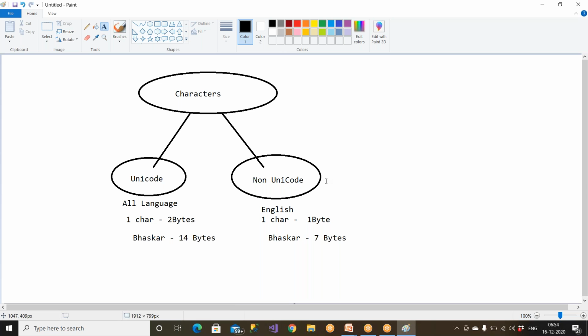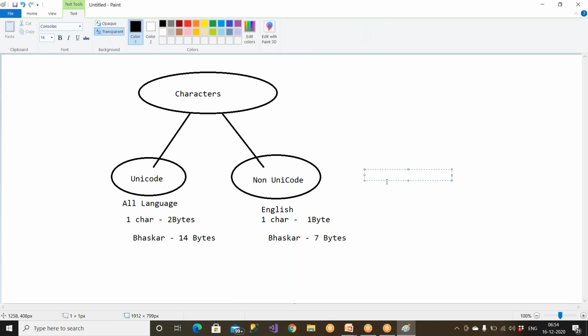So in the non-Unicode sector, SQL Server has a few data types. What are the data types? One is called char. The second one is called varchar. For char, the maximum data you can store is 8,000, and varchar also maximum you can store 8,000.